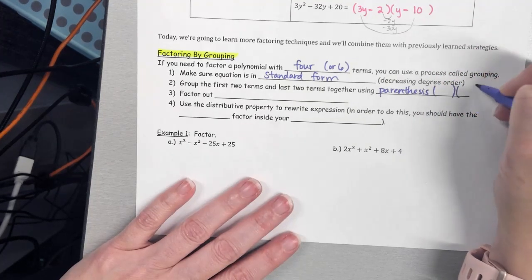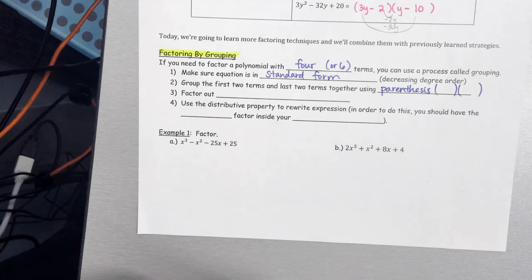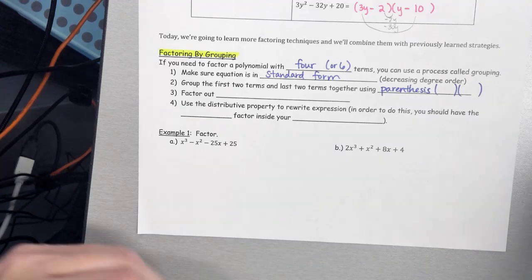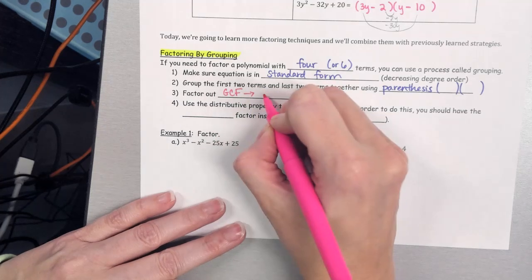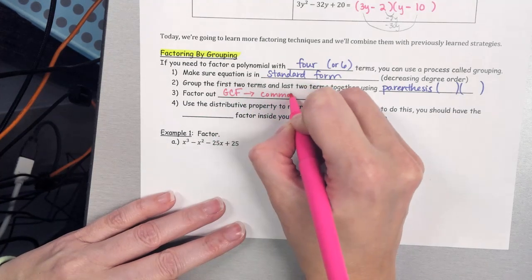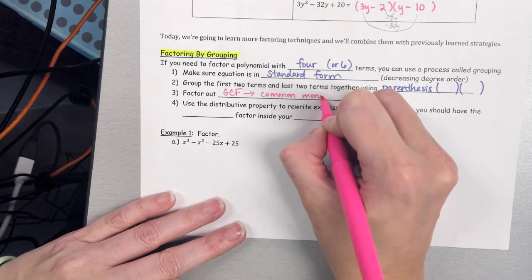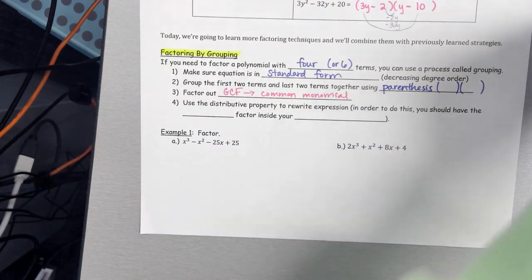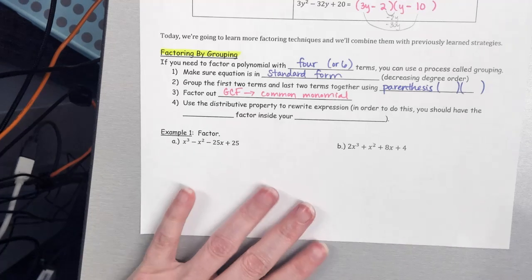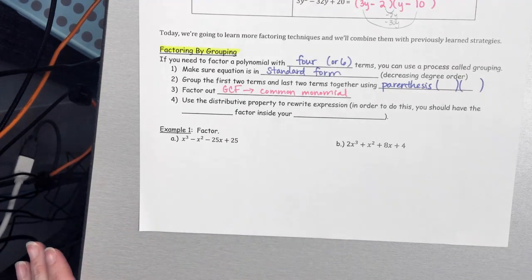We're going to group these 2, we're going to group these 2. You always want to factor out the GCF. The GCF is going to be a common monomial. So that means it consists of numbers and letters, variables. And then we're going to use the distributive property to rewrite the expression.